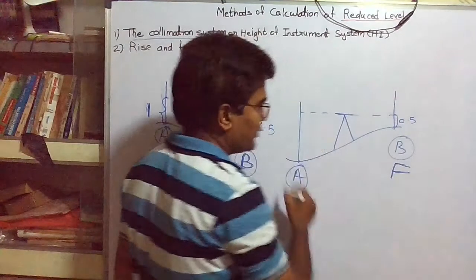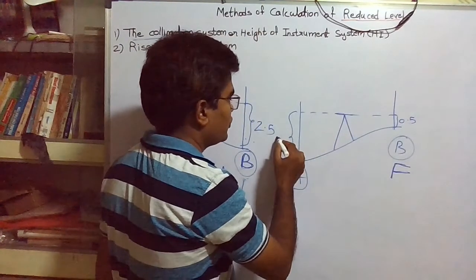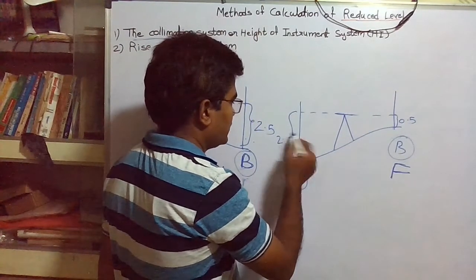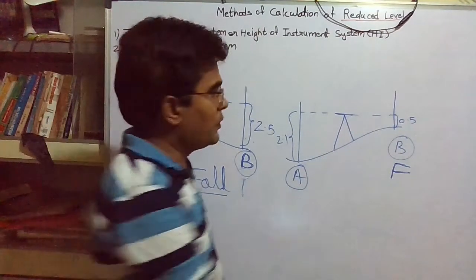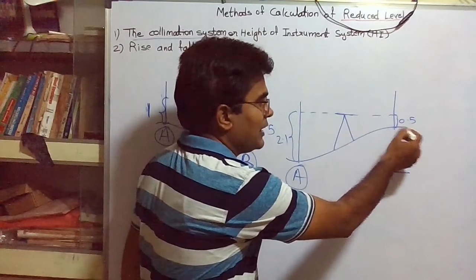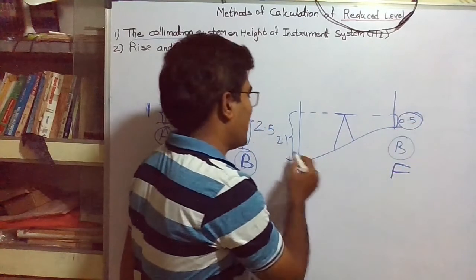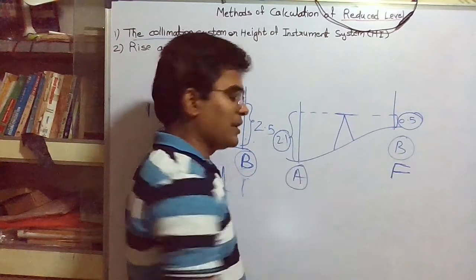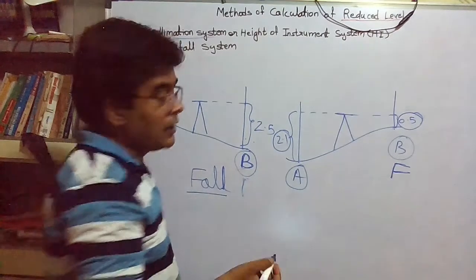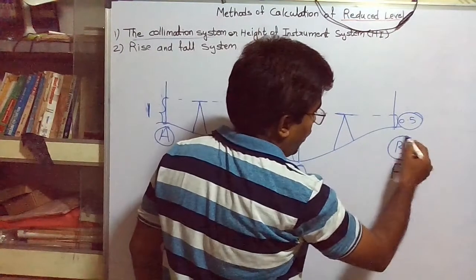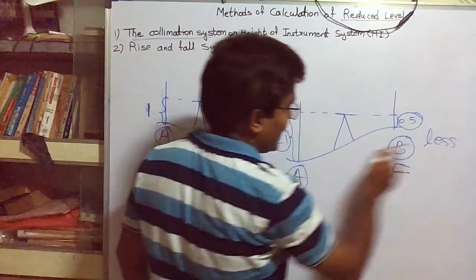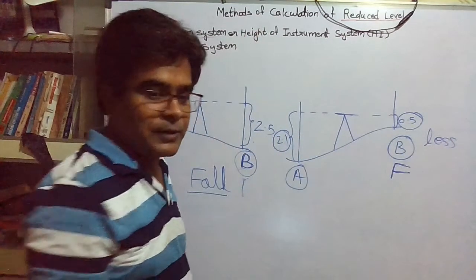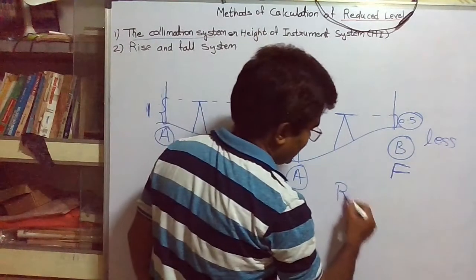Suppose 0.5, while the staff reading at A is maybe 2.1. So if the staff reading at the forward point is less than the preceding staff reading, then there will be a rise.